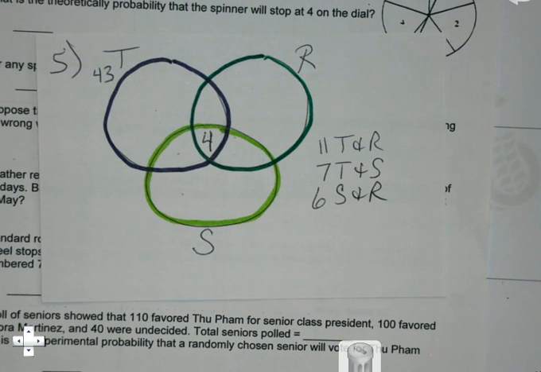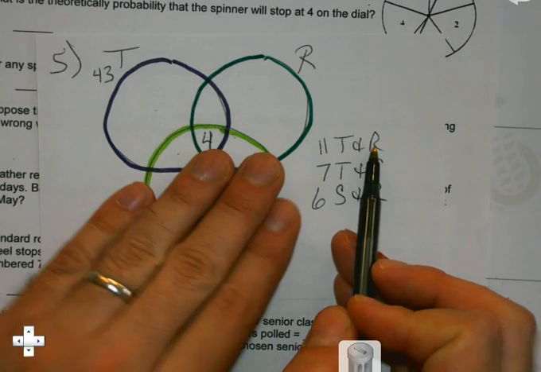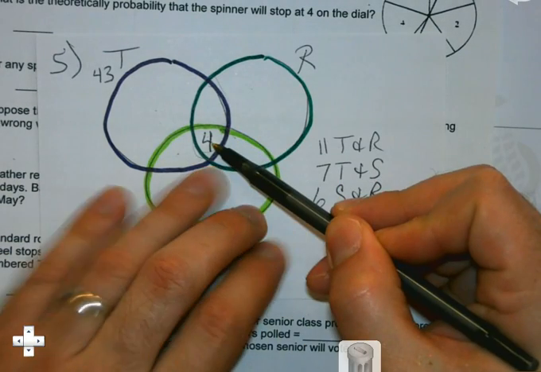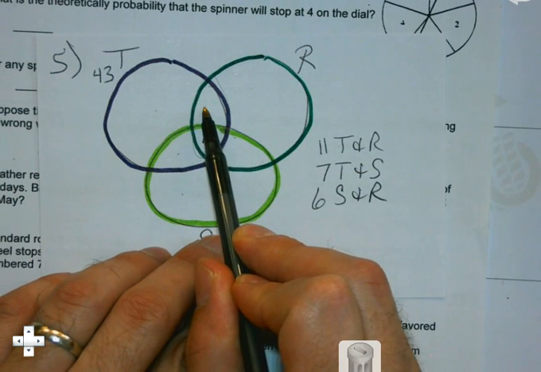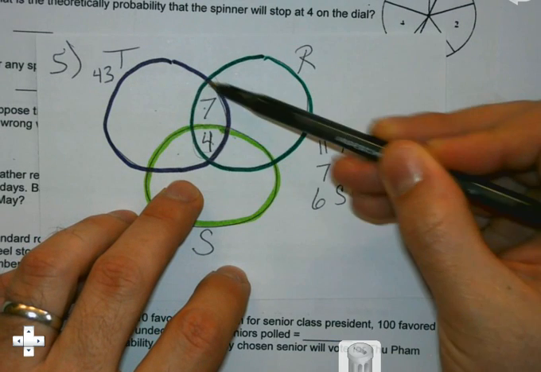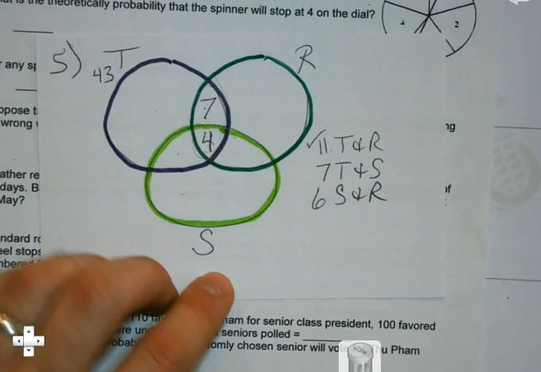Okay, having that 4 just makes all 3 of those things easy now. 11 play tennis and rugby. Okay, tennis and rugby's here. I already used up 4 with all 3. How many do I have left for here? 7. Because here's all my tennis and rugby players. 7 and 4 is 11. Okay, so that one's ready to go.